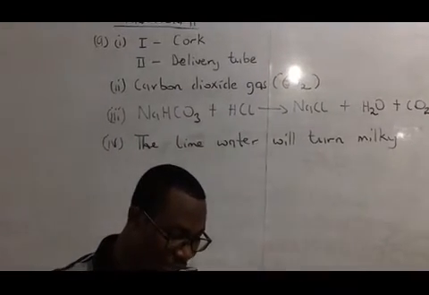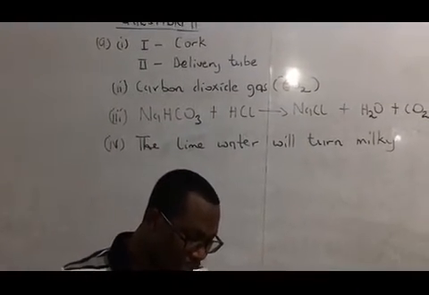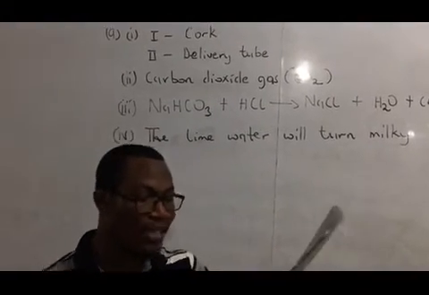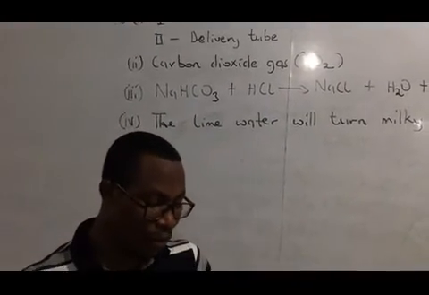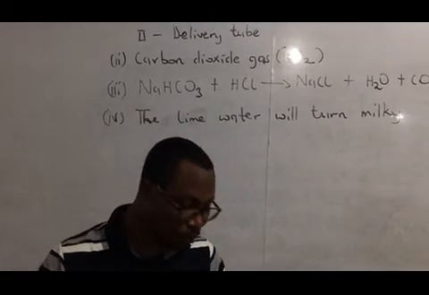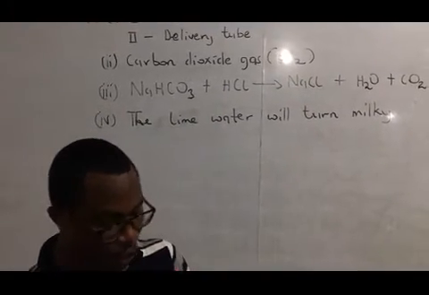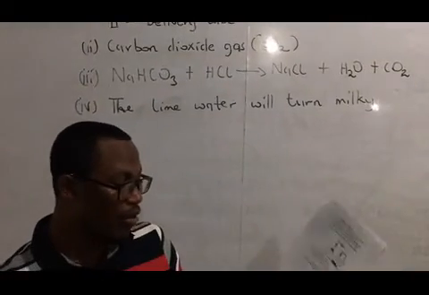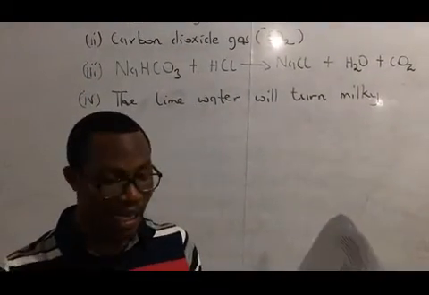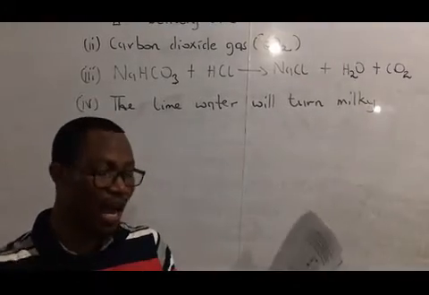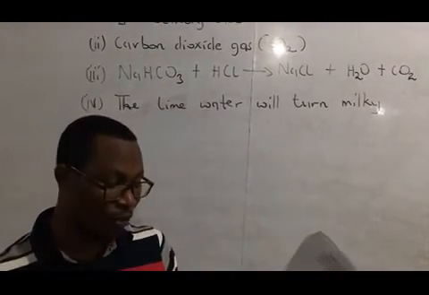You are supposed to name the gas, give two physical properties of the gas, and also write a balanced equation for the reaction that took place. I advise that to name the gas, it will be better for you to write down the equation, and then from the equation, you'll be able to identify the gas that will be formed.